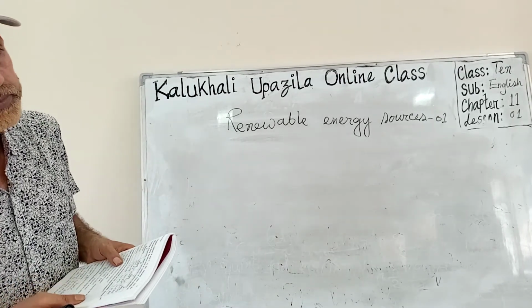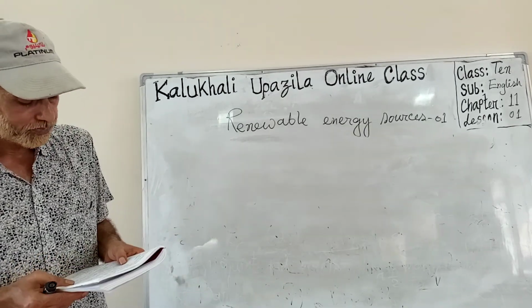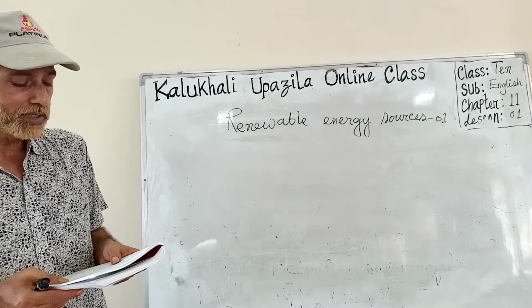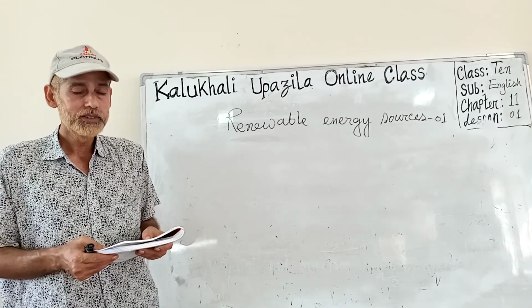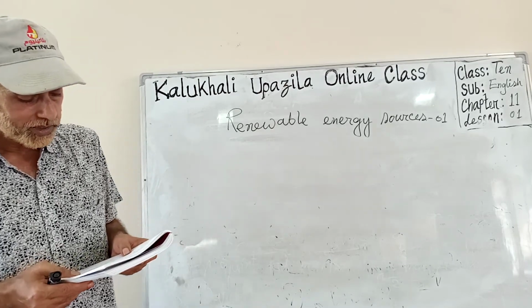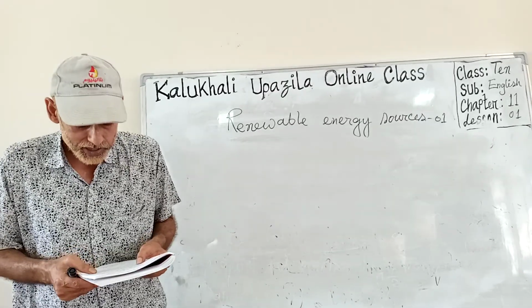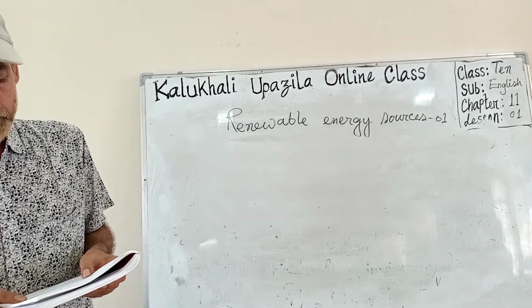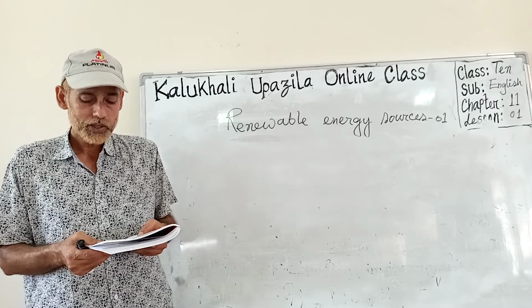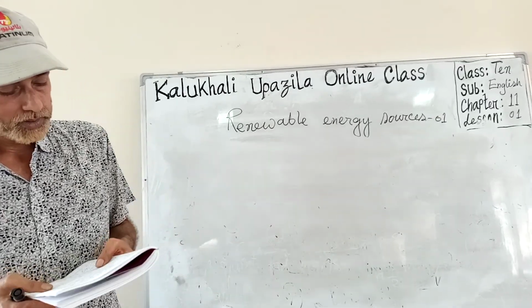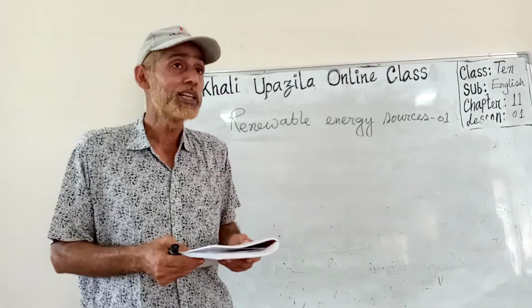Is it clear? Okay. Then in the rural area, the demand was 4,800 megawatt and supply was 2,400 megawatt, and the deficit was 2,400 megawatt.